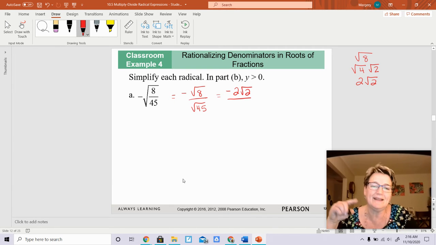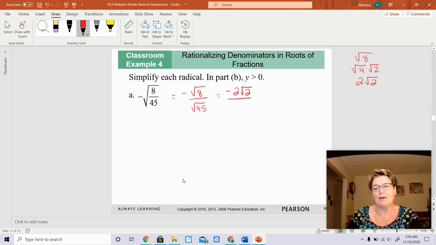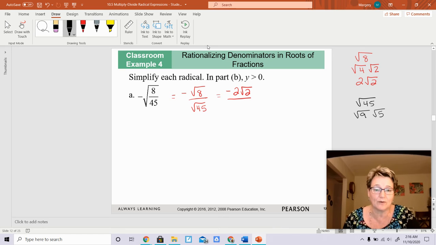By simplifying them first before you actually rationalize the denominator, it just makes the numbers smaller, a little bit less work. So now I have the square root of 45. I know that the square root of 9 times the square root of 5 is the square root of 45.